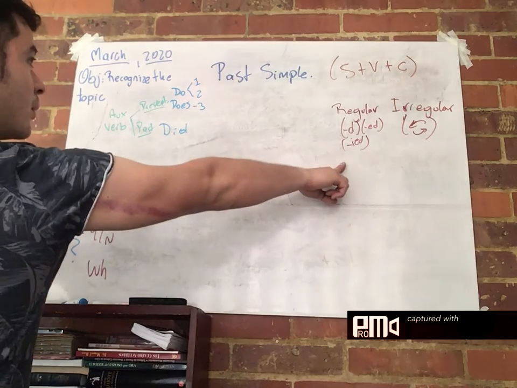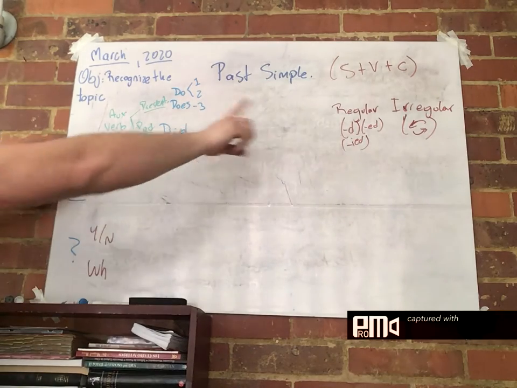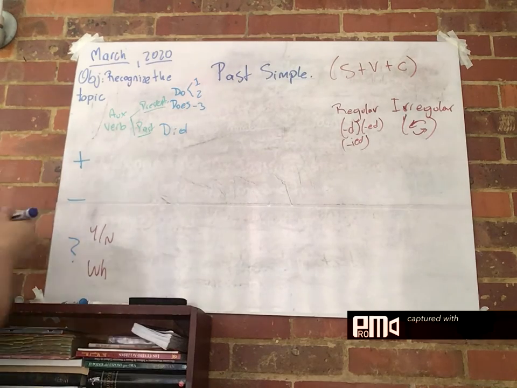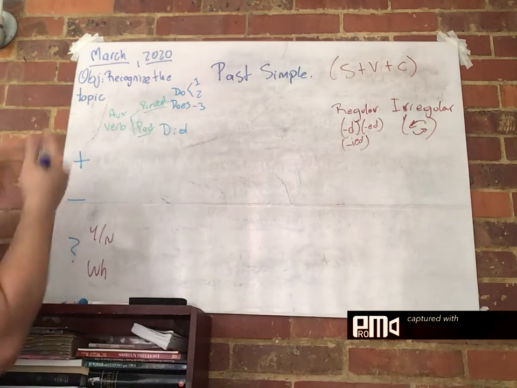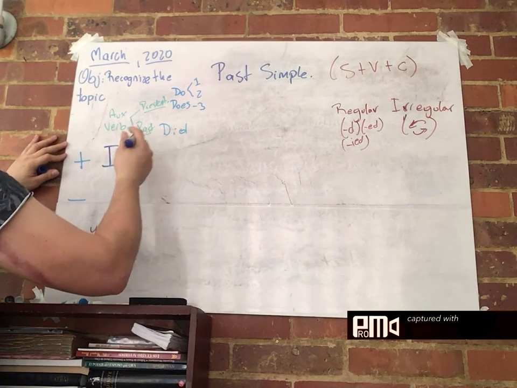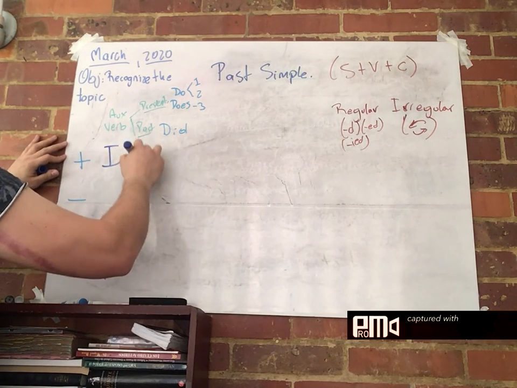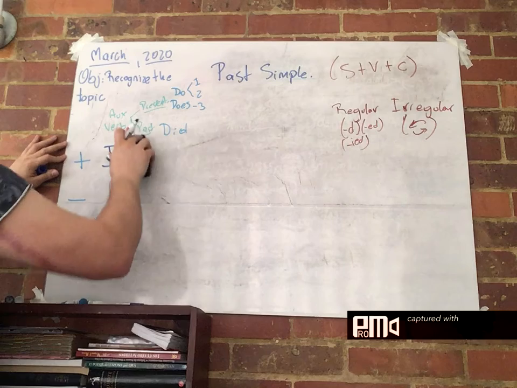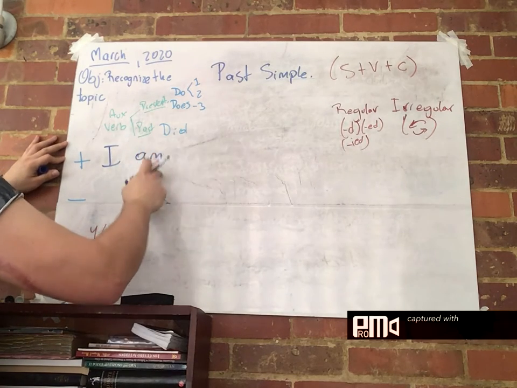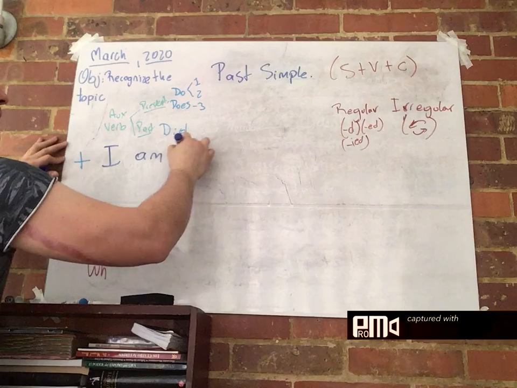I'm going to explain regular and irregular verbs, but before that, I'm going to explain this. In an affirmative sentence, we use subject plus verb plus complement. For example, first with the verb to be in the present: I am a teacher.